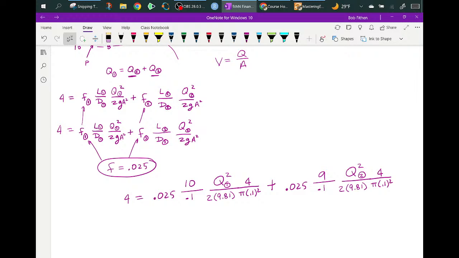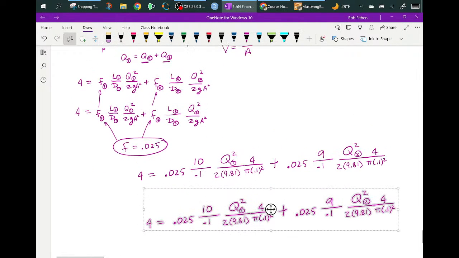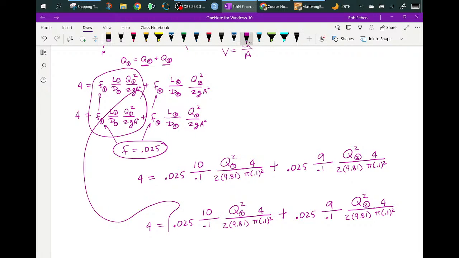Next thing we do, we take this. Just like here and here, they are exactly the same. This one, however, is not, because it is 8 meters and it is 3.